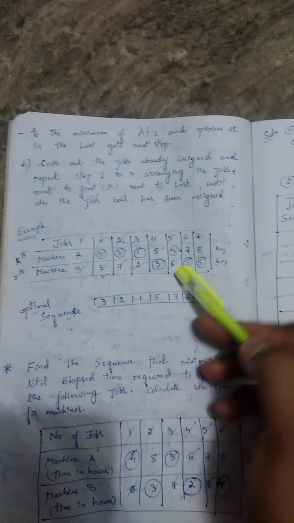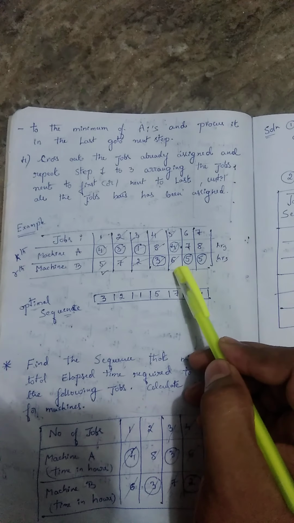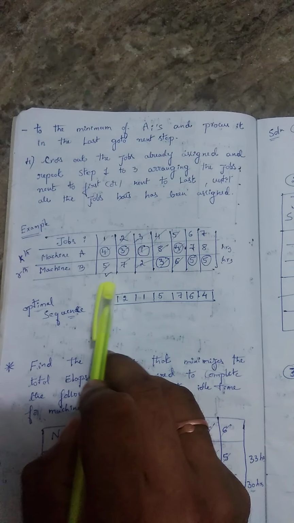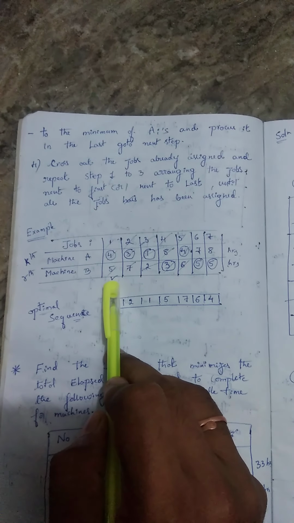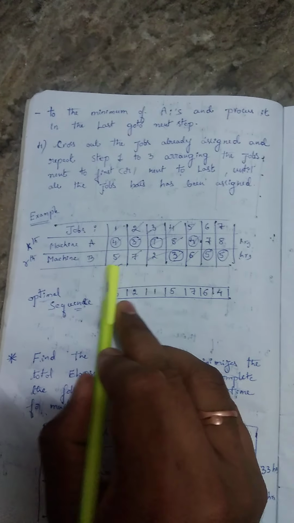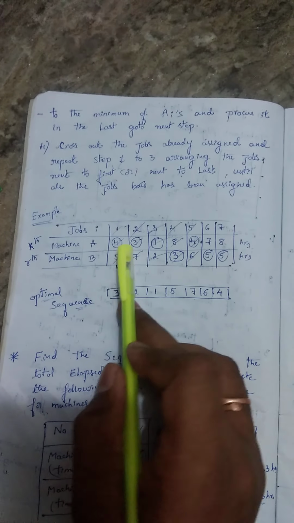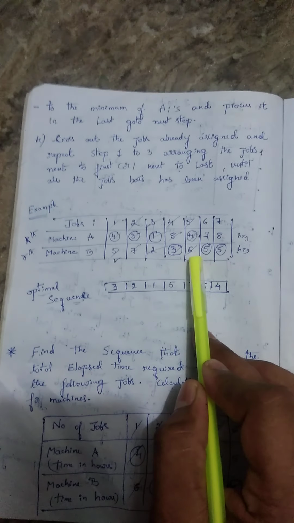Which is the smallest one? For checking the machine B working hours, here 5 hours, here 6 hours.